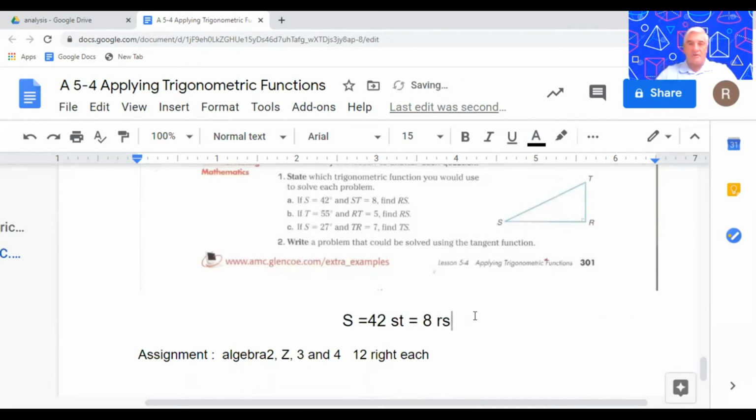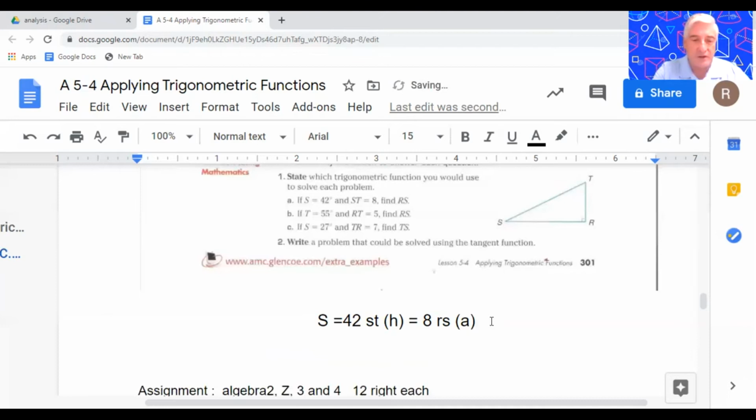Now go back up to the drawing because we need some of these in words like opposite, hypotenuse. S is 42. ST is the hypotenuse, and RS is adjacent. We need to find a trig function that has AH because we don't know anything about opposite. And that trig function, of course, would be cosine.